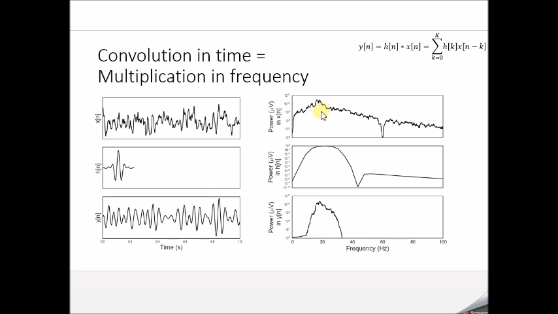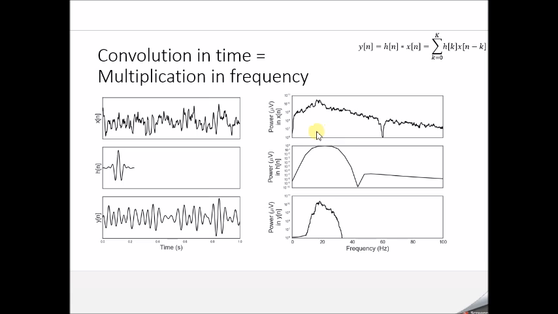And you can see this also by looking at their power spectra, where the input signal has a complex power spectrum that has a peak in the beta frequency band, but also has significant power elsewhere in the frequency domain.